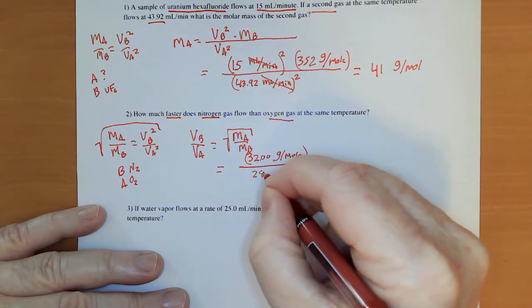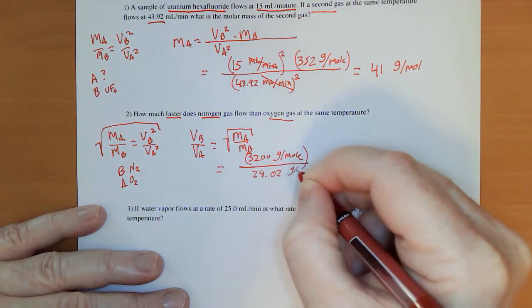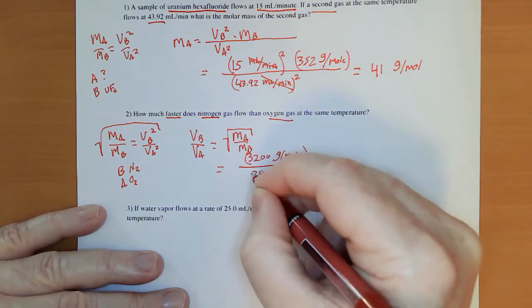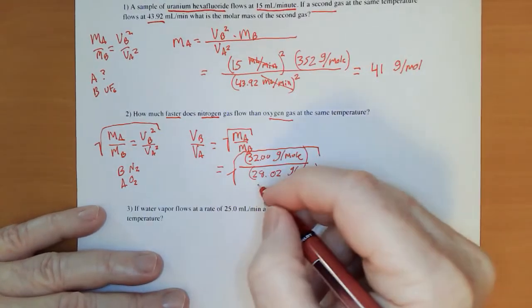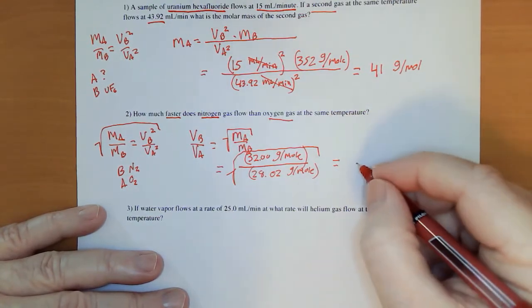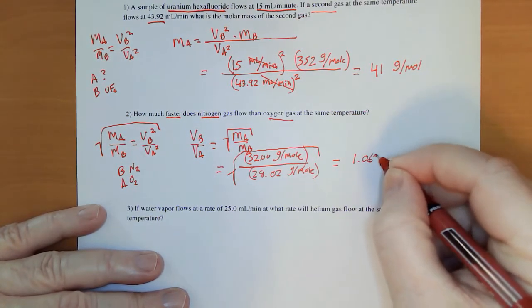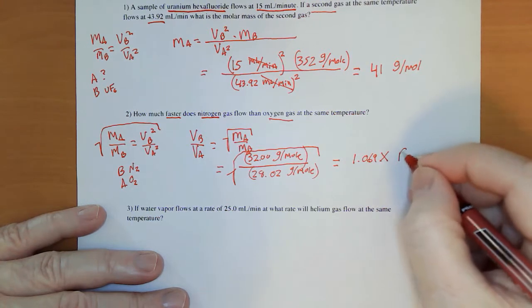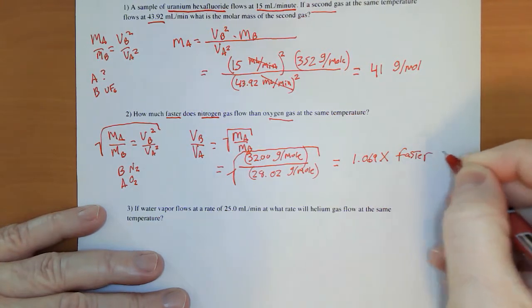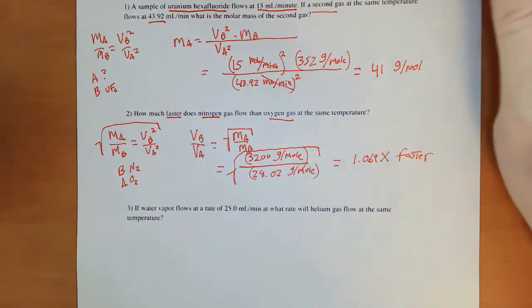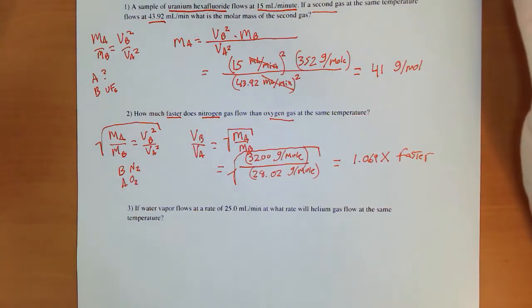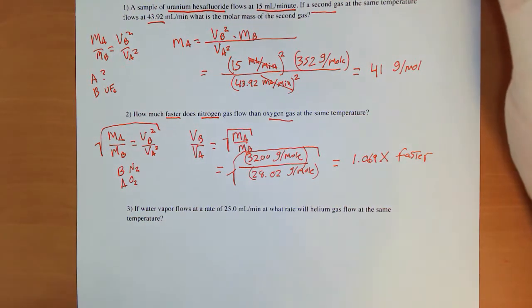Then I'd have 28.02 grams per mole for the nitrogen. And I'm going to take the square root of that. And I got 1.069 times faster. And that actually makes sense to me because the nitrogen should be moving faster because it's a lighter molar mass. It's a lighter gas.